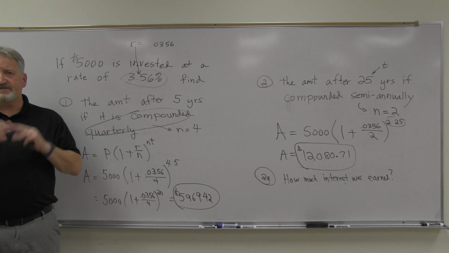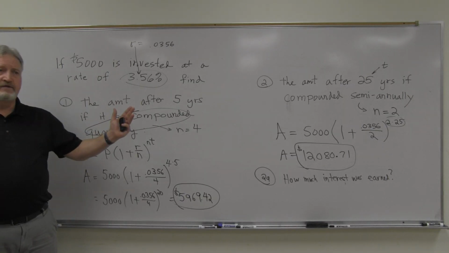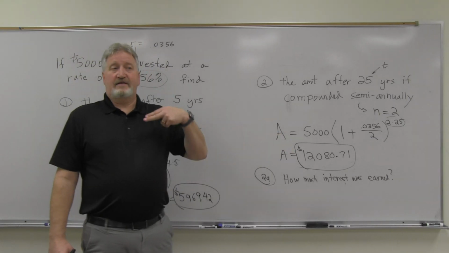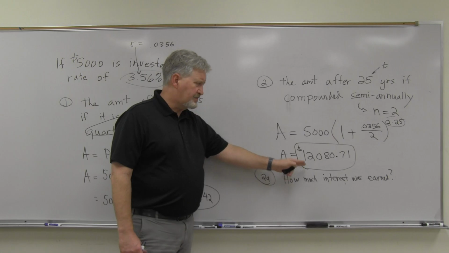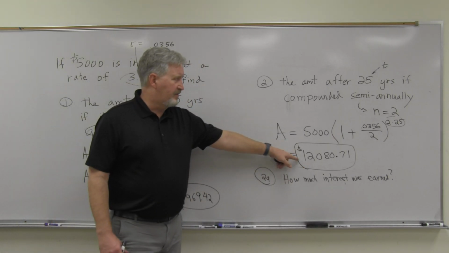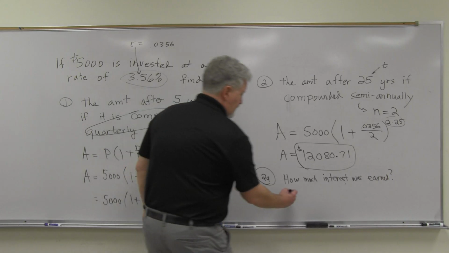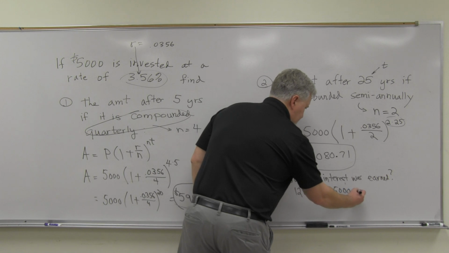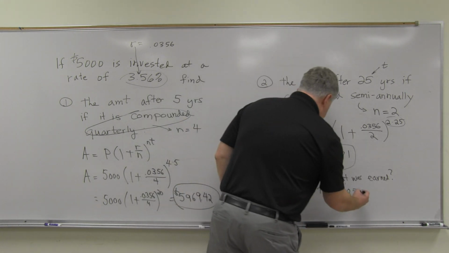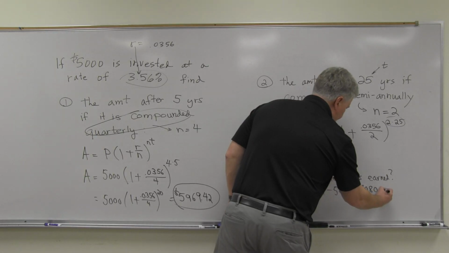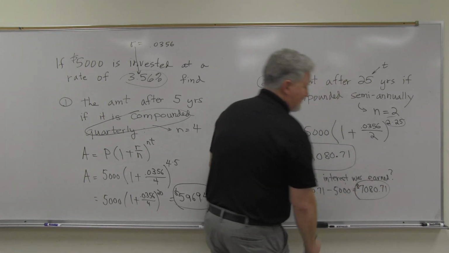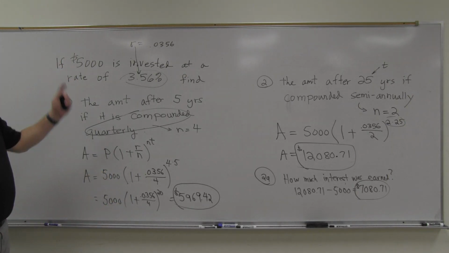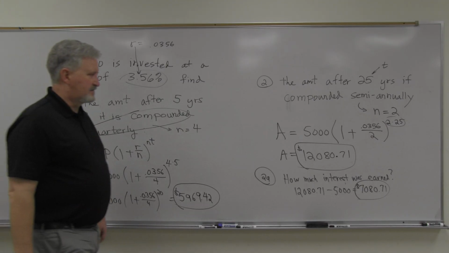What we put in, 5,000, we're just growing with interest. So whatever is over the 5,000 is interest. If it asks for the interest earned, it just wants you to take the final number and subtract your principal, what you started with. 12,080.71, subtract off the 5,000 you started with. That's your interest. Was that 7,080.71? Yeah, so there's no real big calculation there. You're just taking whatever you got and subtracting what you started with. Since that's the way this works.